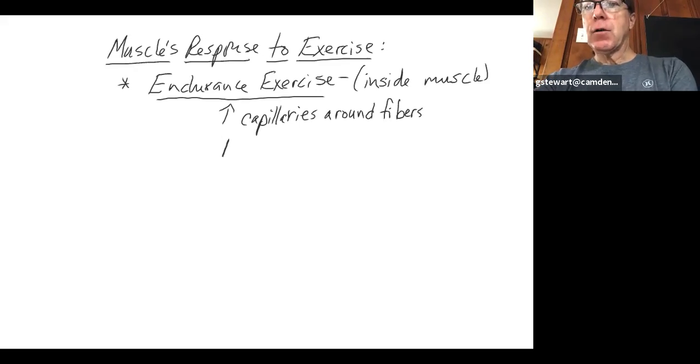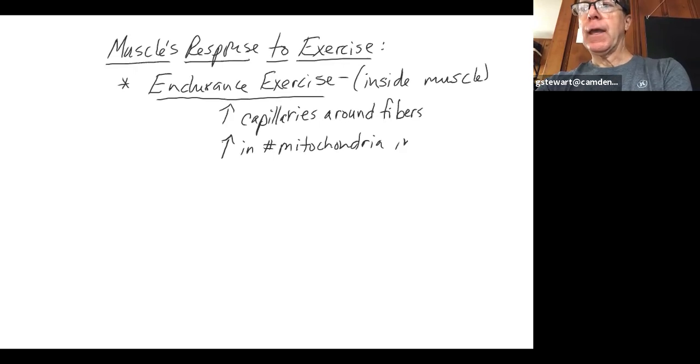So let's just say you're a jogger, you're a long distance runner. Over time, these things build up in your muscles. There's an increase also in the number of mitochondria in individual fibers.